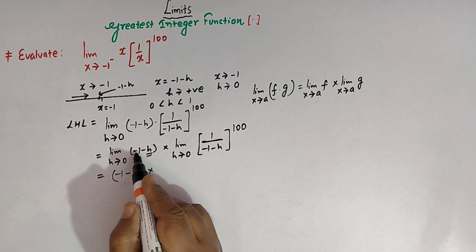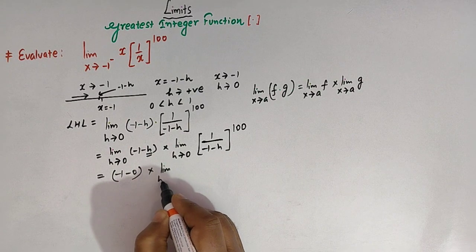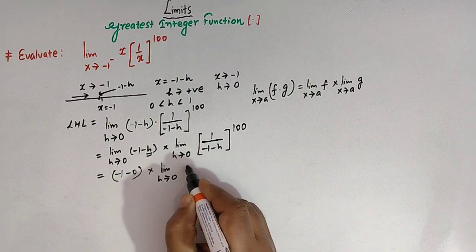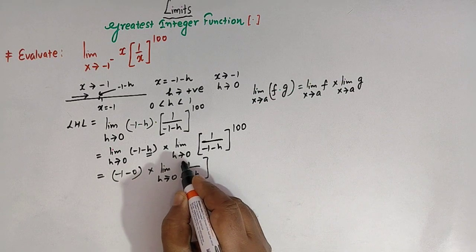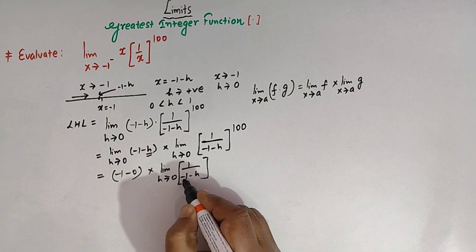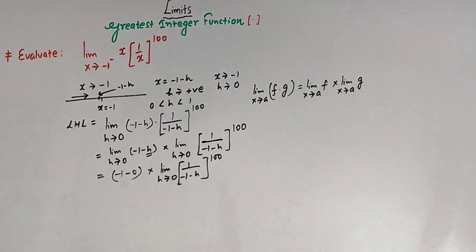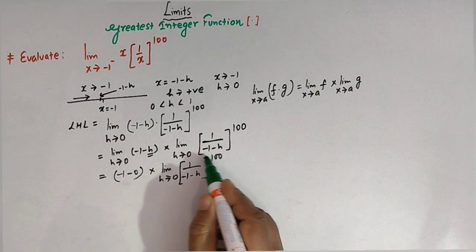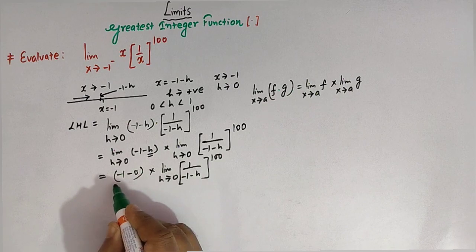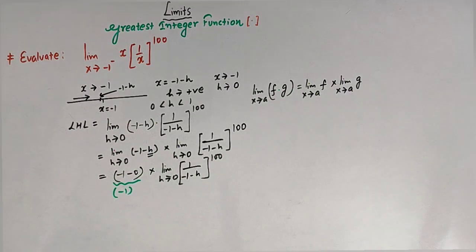This expression we take as such: the greatest integer of 1 over minus 1 minus h, raised to 100. Our next aim is to find the value of this limit, because the value of the first expression is simply minus 1.